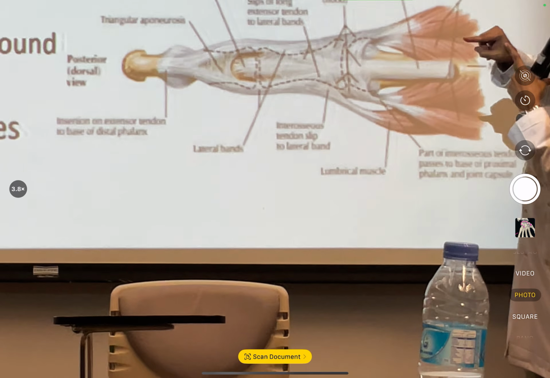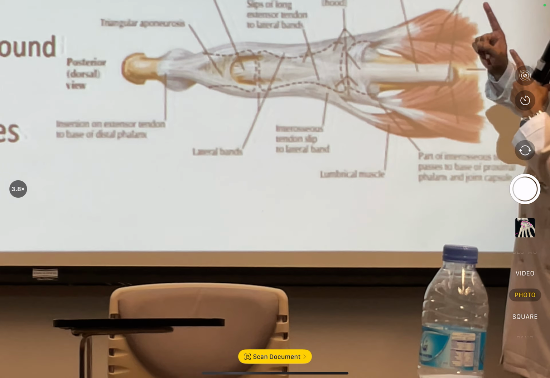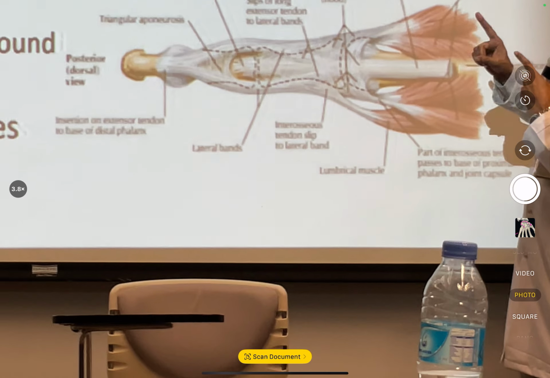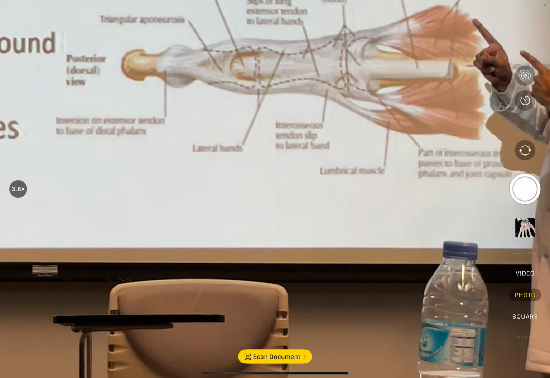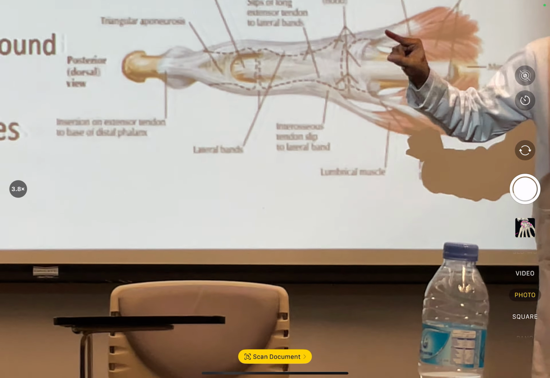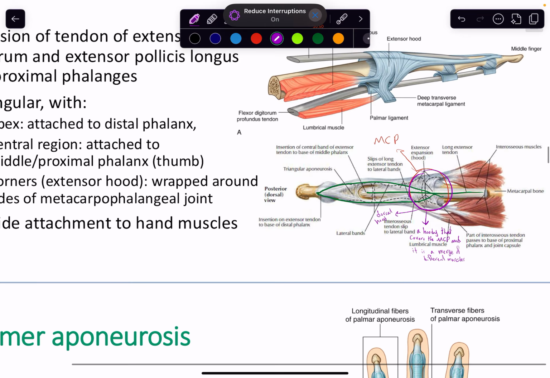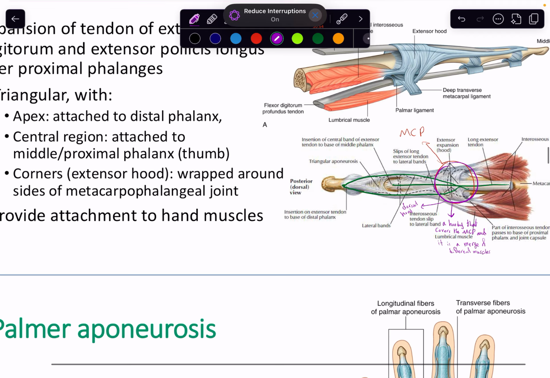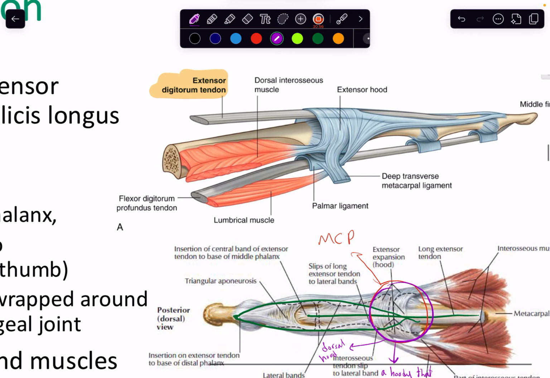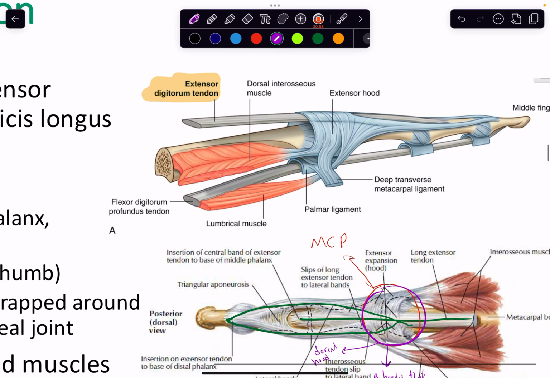Because this, can you see this muscle? This is the dorsal interossei, right? So this is the function of the dorsal expansion, right? Dorsal expansion is formed by the contribution of which muscles? Lumbricals, interossei, dorsal and palmar, plus this, extensor digitorum longus, right?